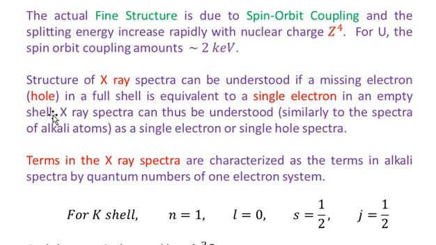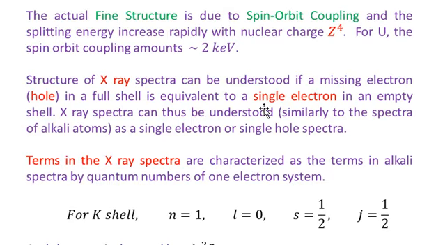When such an electron is removed from the inner shell, a hole is created, a vacancy of electron, which we call a hole. A hole can be treated as equivalent to a single electron in an empty shell.